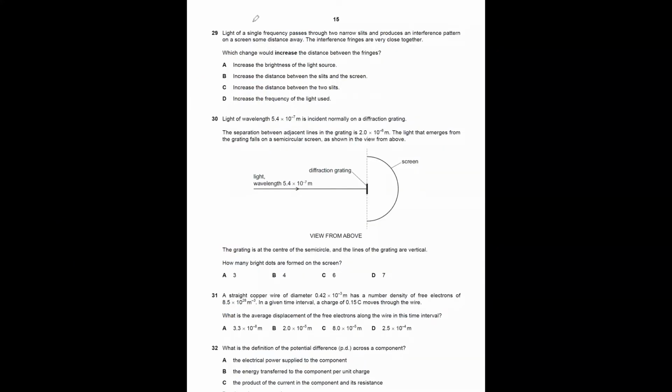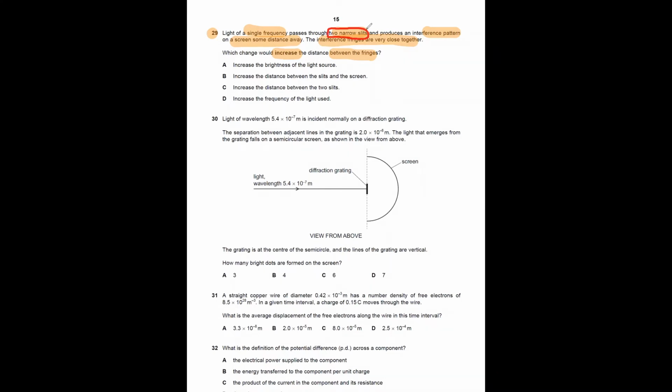In question 29, light of a single frequency passes through two narrow slits and produces an interference pattern on a screen some distance away. The interference fringes are very close together. Which change here would increase the distance between the fringes? So from reading the question, we know we are talking about a double slit because there is mention of two narrow slits here.